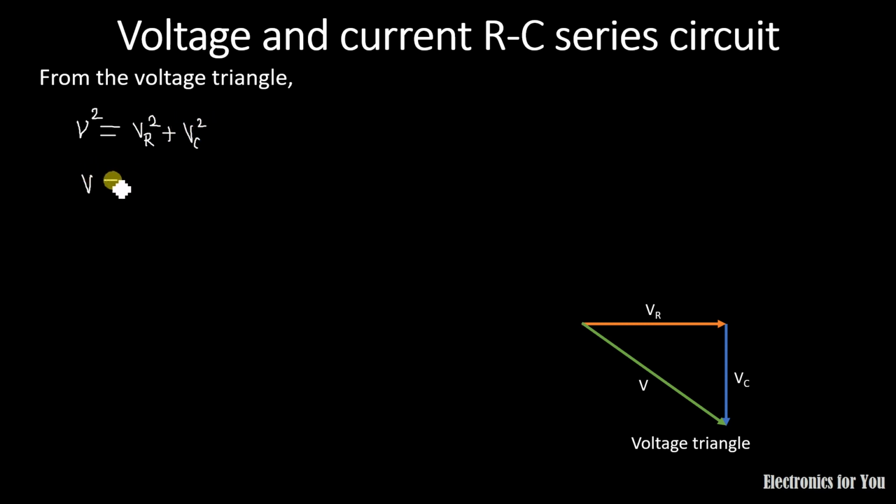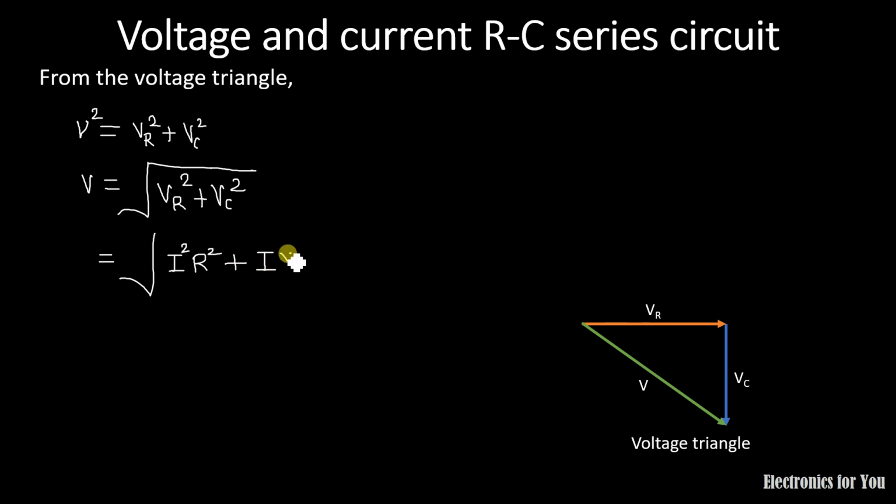Now V will be equal to the square root of VR square plus VC square, and if you want to write the exact value of VR, it is equal to I multiplied by R. So I square R square will be its square, plus for the capacitor it is I multiplied by the resistance offered by the capacitor, XC. So I square XC square will be the value for VC.